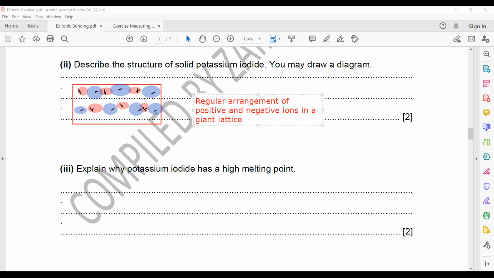Then, explain why potassium iodide has a high melting point. Why a substance has a high melting or boiling point depends on the force of attraction between the particles. So we will say they have a strong attraction.